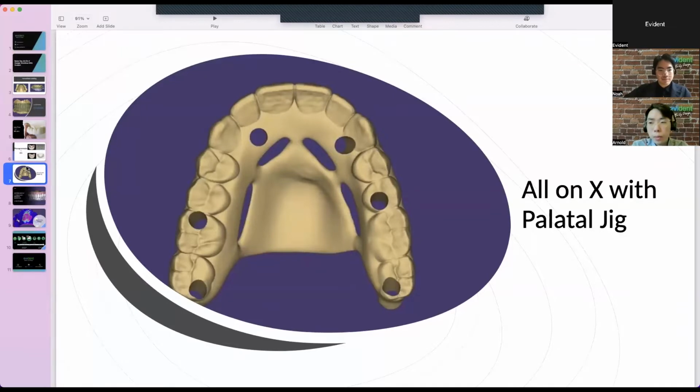We place the implants based on the fully guided plan. Still, there are a lot of discrepancies, micromillimeters. So if the bridge cannot seat from the scan file, then the patient cannot go home with a tooth, right? In that case, we can use this palatal jig. It's a combination of both analog and digital.